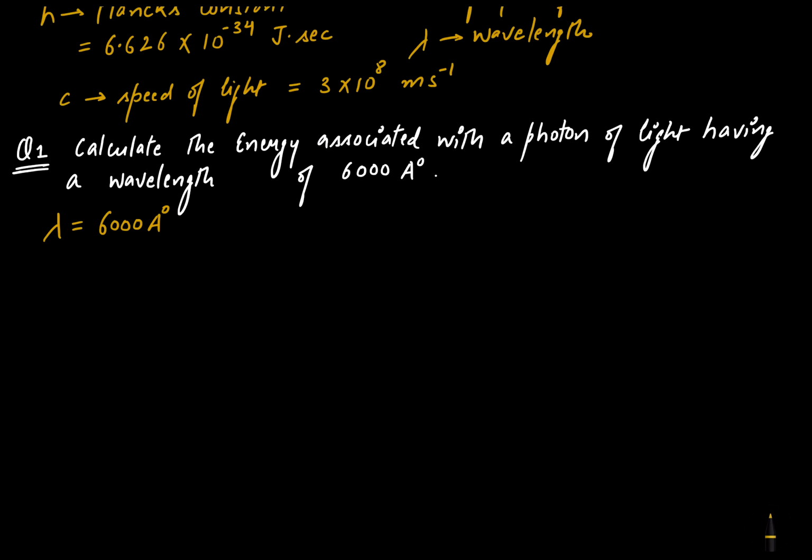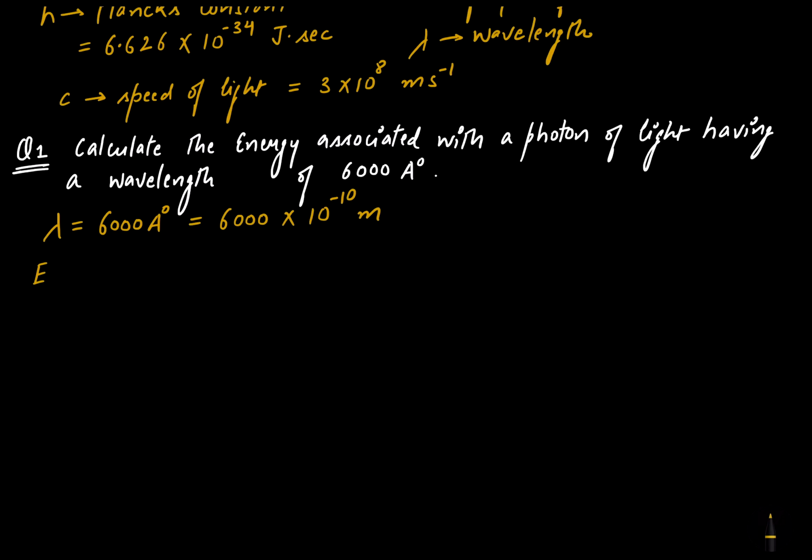Now you have to convert this to an SI unit, that is meters. It comes out to be 6000 into 10 to the power minus 10 meters. So that's my wavelength.